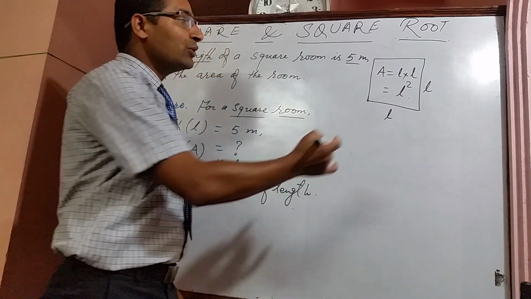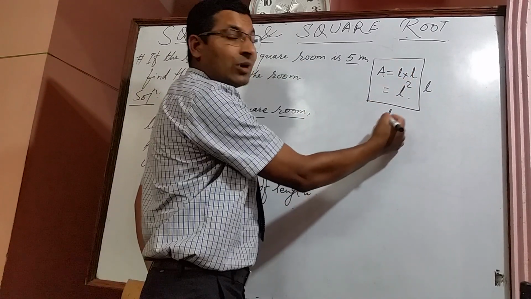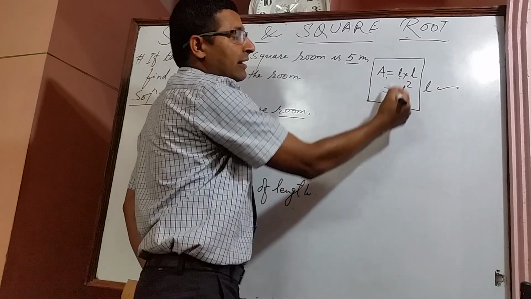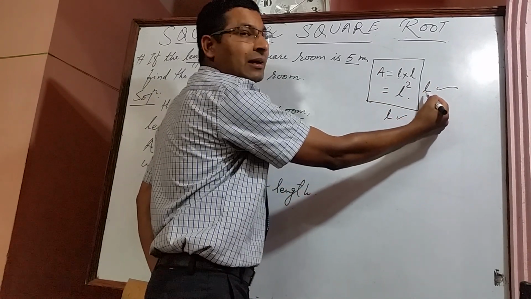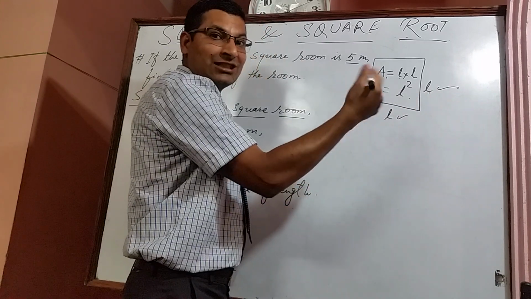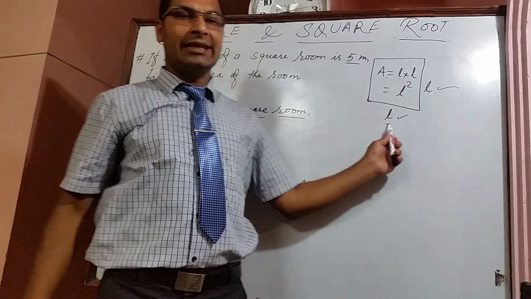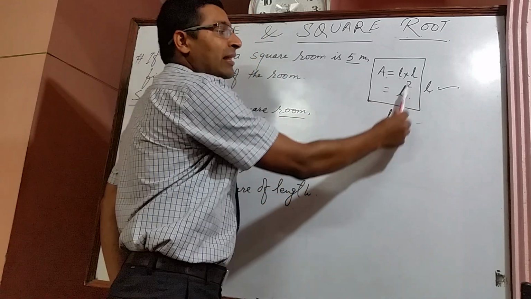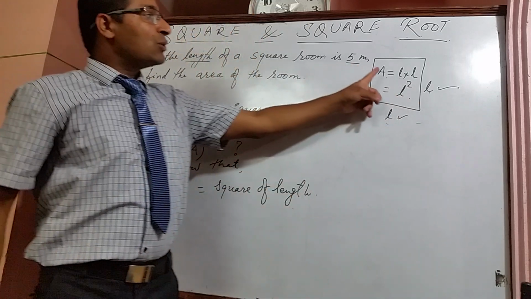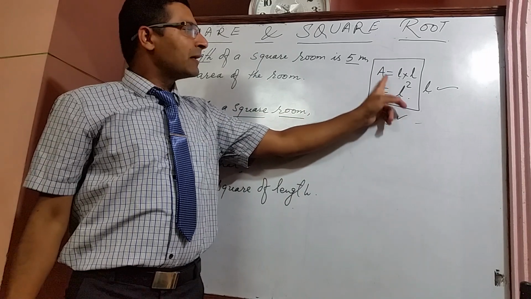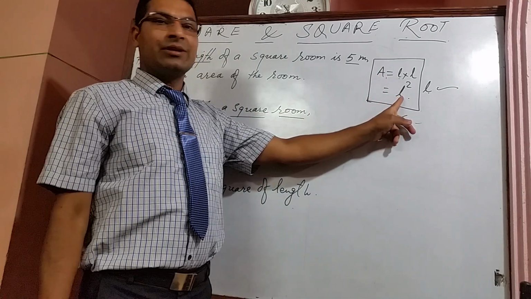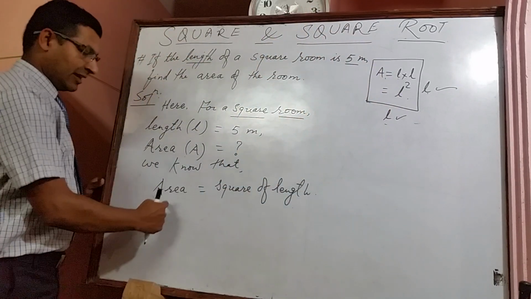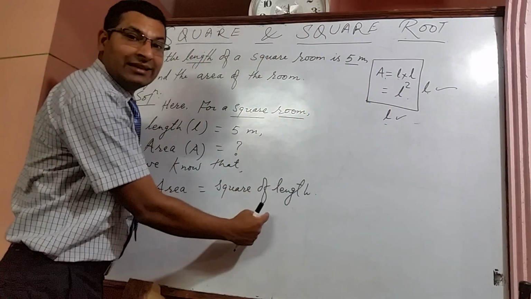If for a square the length of the side is L, then area is length multiply length, or in case of a rectangle, it is length multiply breadth, L into B. So L into L is L square. So if the length is given, we can find out the area. How? Area equals the square of the length.